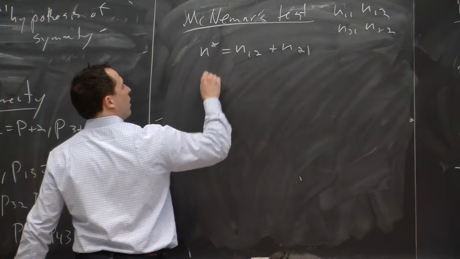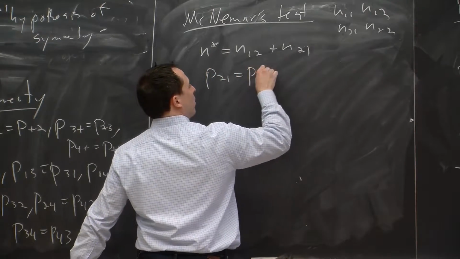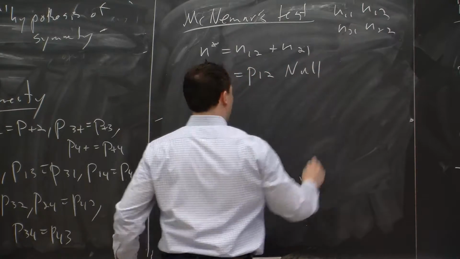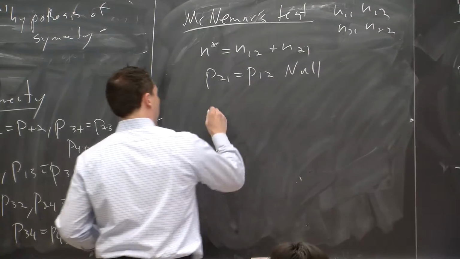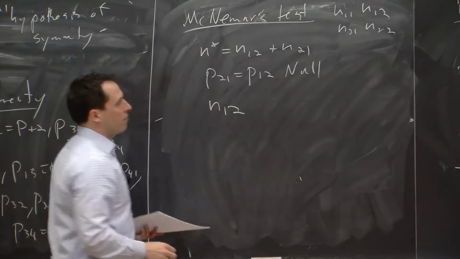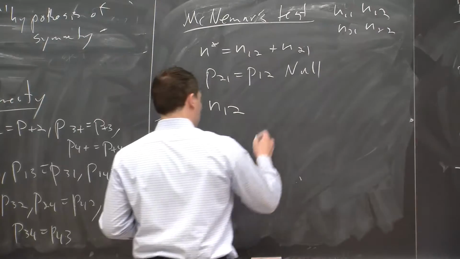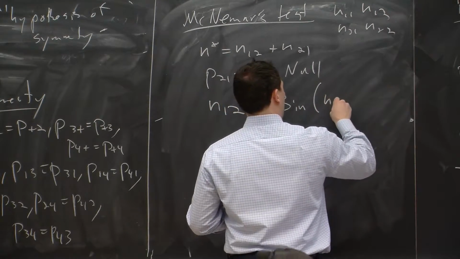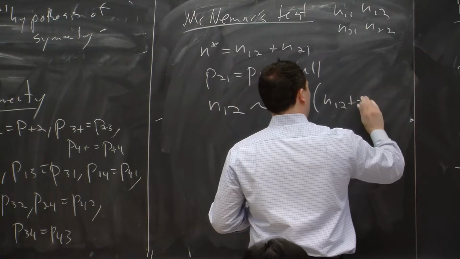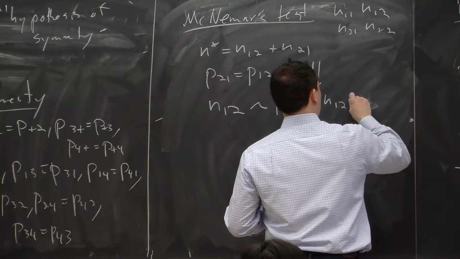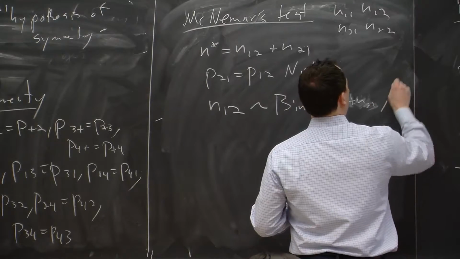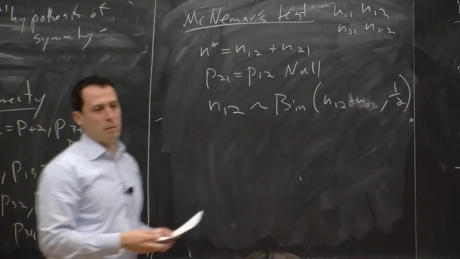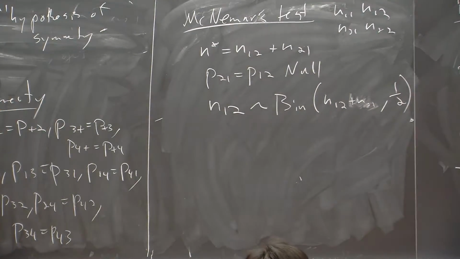The null hypothesis is P21 equals P12, and under the null, this is just a binomial. So N12 or N21 is distributed binomial with N12 plus N21 as n, and 1/2 as its parameter. That's what it means for them to be equal. In other words, it's just as likely that they went back and forth between those two categories.